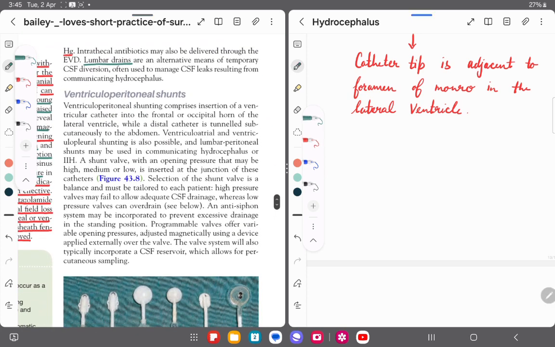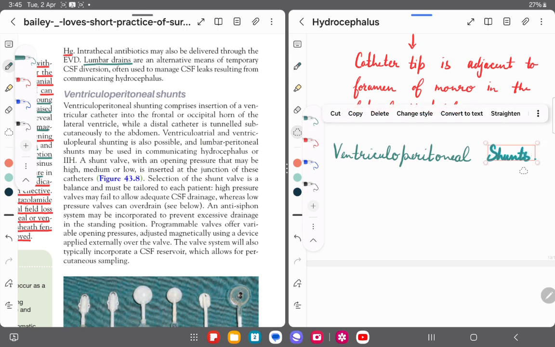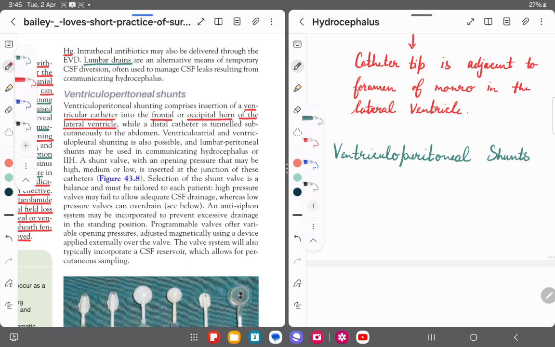Now ventriculoperitoneal shunts. So ventriculoperitoneal shunting comprises insertion of a ventricular catheter into the frontal or occipital horn of the lateral ventricle, while a distal catheter is tunneled subcutaneously to the abdomen.